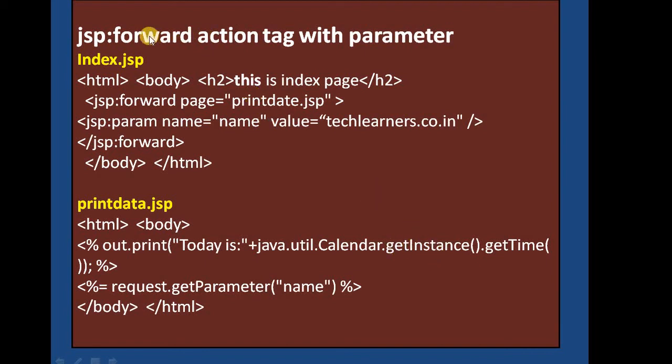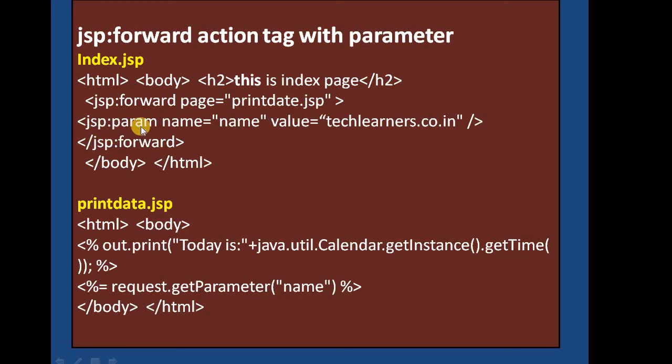Let's see how the jsp:forward action tag is used with a parameter. Let's say we have an index.jsp where we have jsp:forward, with the page attribute specifying to which page we are going to forward the request, that is printdata.jsp.